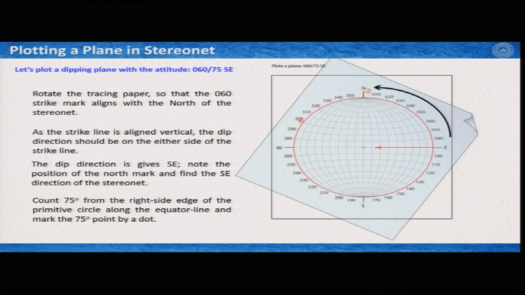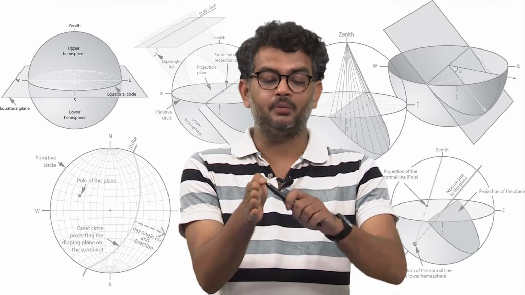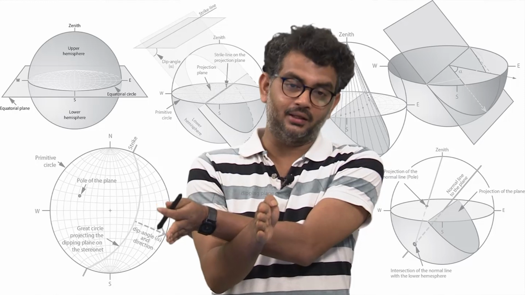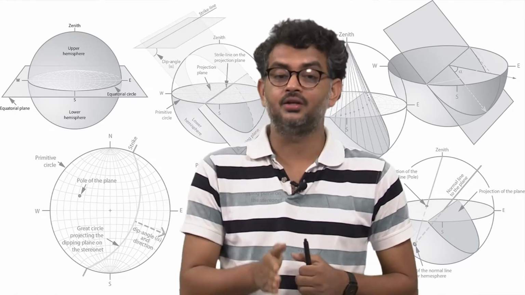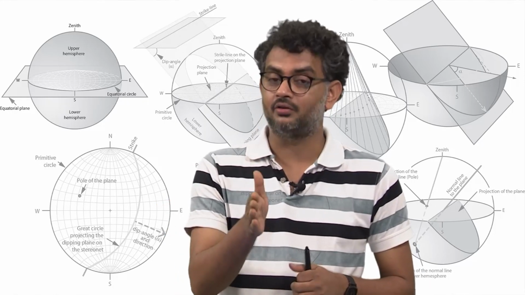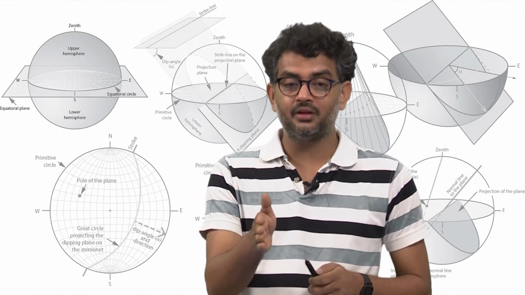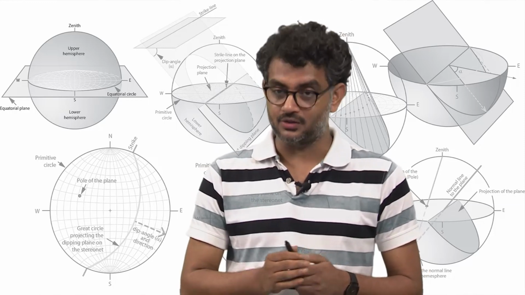Okay. As the strike line is aligned vertical, the dip direction should be on either side of the strike line. So, if I have this my strike line, it can dip either this side or this side, unless the bed is vertical, but in this case it is not vertical, we know it is dipping 75 degree towards southeast.